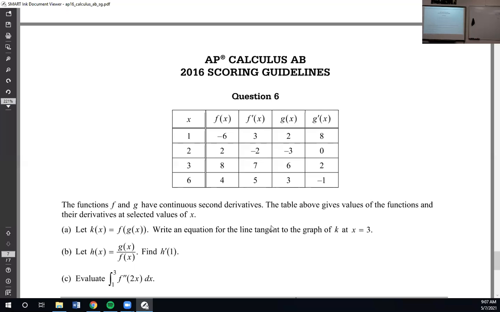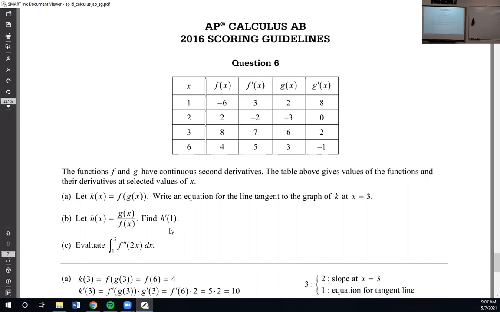Equation of the tangent line. Again, we need to figure out the y value at 3. We need to figure out the derivative at 3. And we're going to put those into the equation of the tangent line. And this really gets your knowledge of derivative rules going here. So part A, if I take the derivative of k, then that's a chain rule.